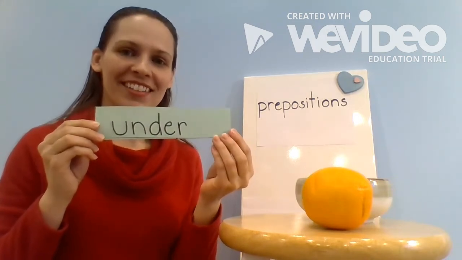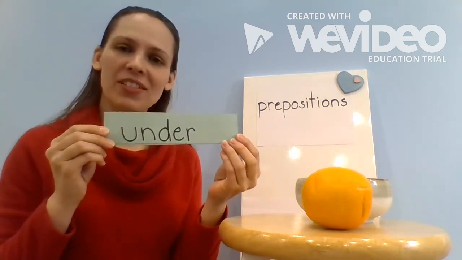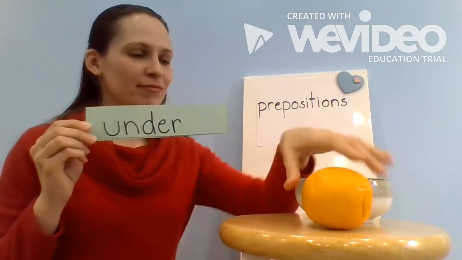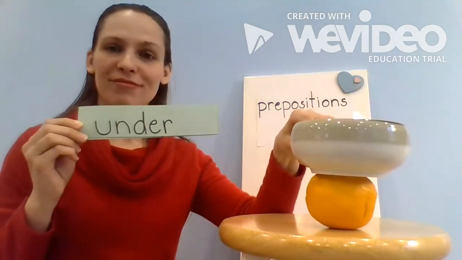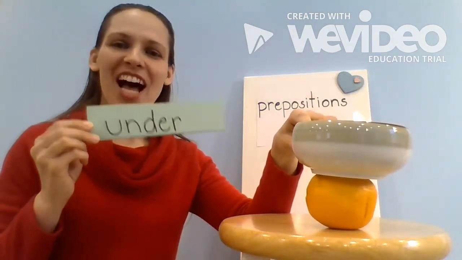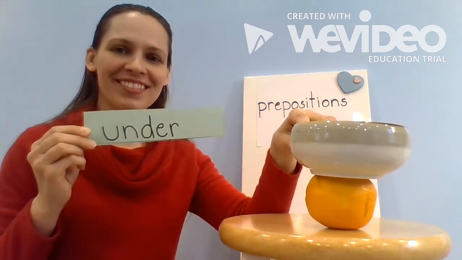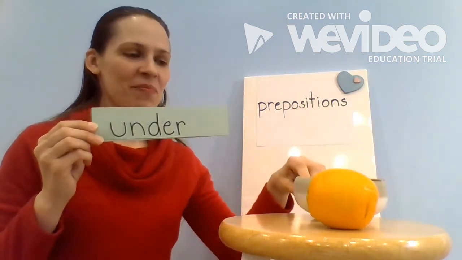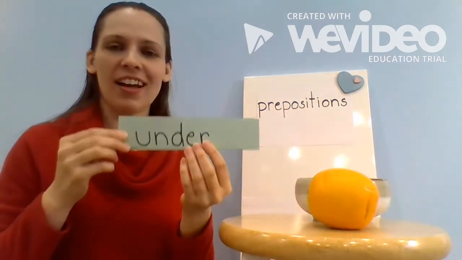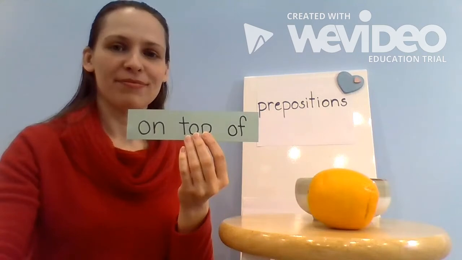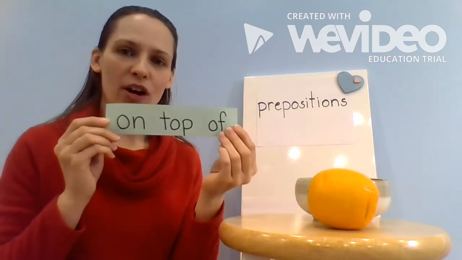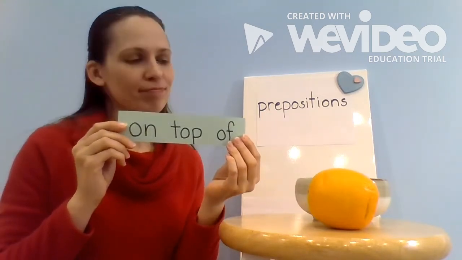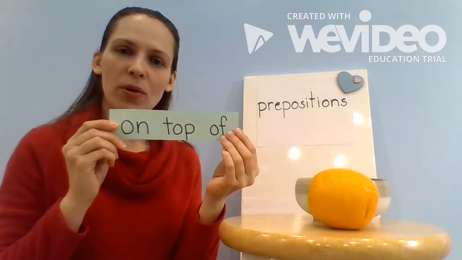Under. How can I do that? The orange is under the bowl. Good. Under. On top of. Can I do that with the bowl?